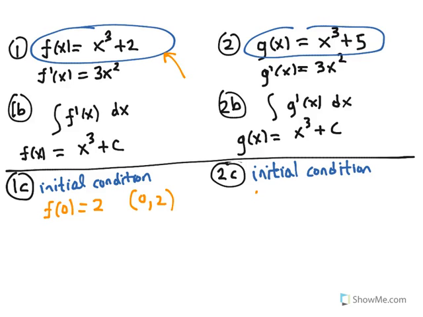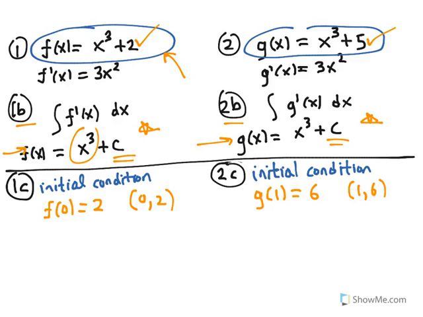Or for number 2, if I evaluate the function g at x is equal to 1, I'm going to have 1 cubed plus 5, which will give me 6. That would also be an initial condition. With these initial conditions, I can take the work that I did in 1b and 2b and find the particular value of the constant of integration that would help me to find that the original function f had the constant 2 and the original function g had the constant 5, even though when I did 1b and 2b, I got that f of x and g of x were both x cubed plus some constant of integration.